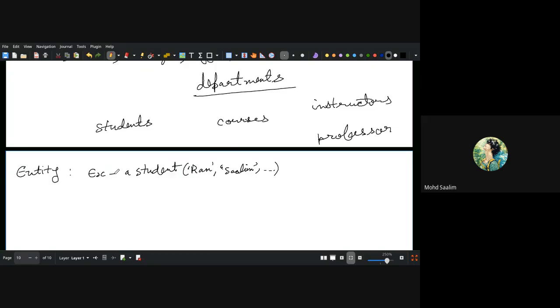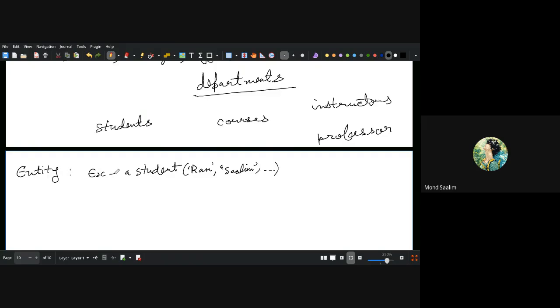But when I pick the data of this student, when I pick that row, that instance itself is an entity.